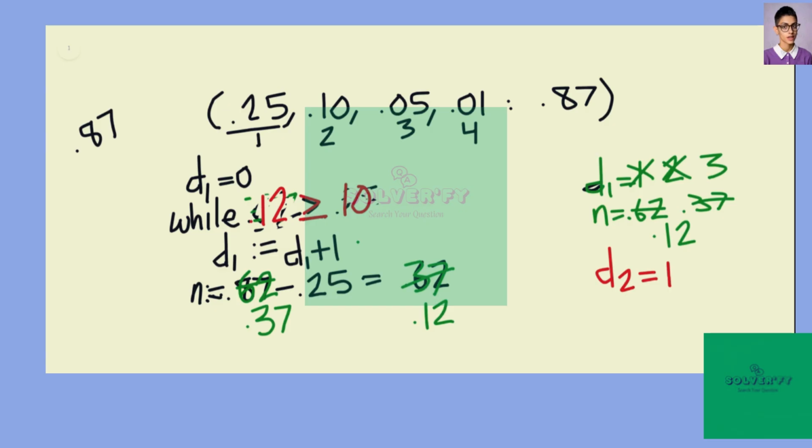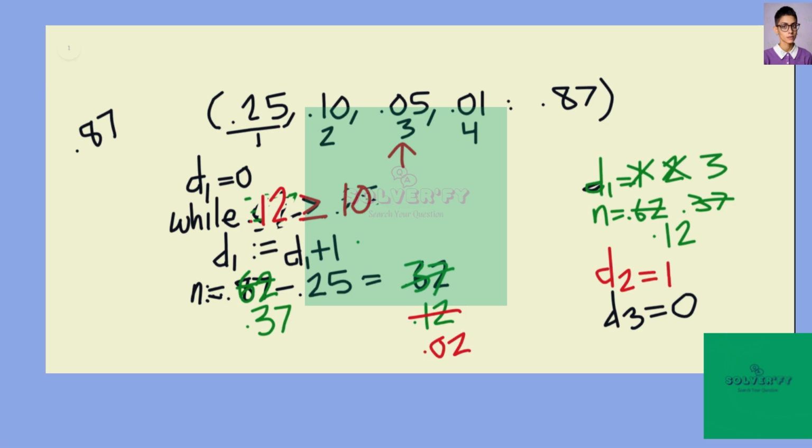Then we'll subtract 10 cents from the 12 and get 2 cents. Then we'll go back up and ask, is 2 cents greater than or equal to 10 cents? No. So we'll look at the nickels. Is 2 cents greater than or equal to 5 cents? No, so we're going to skip right over the nickels. D3 is just going to stay equal to 0.